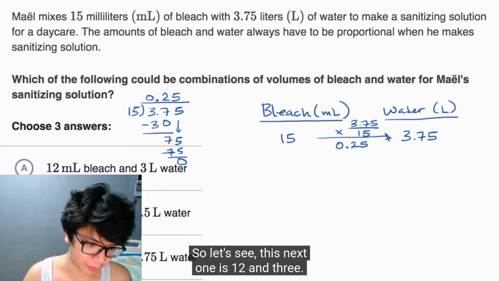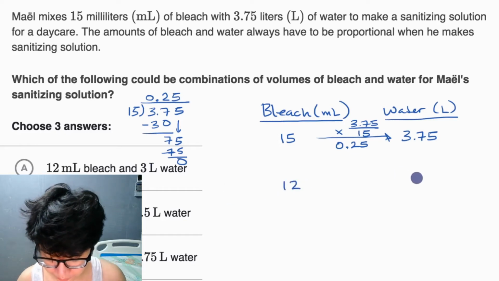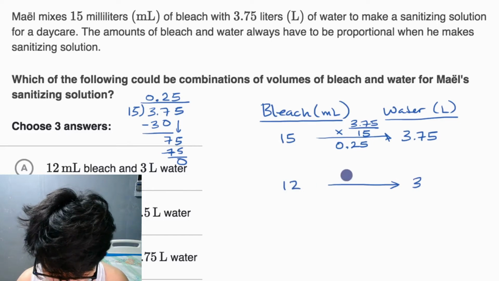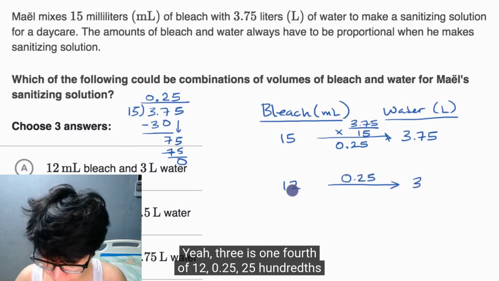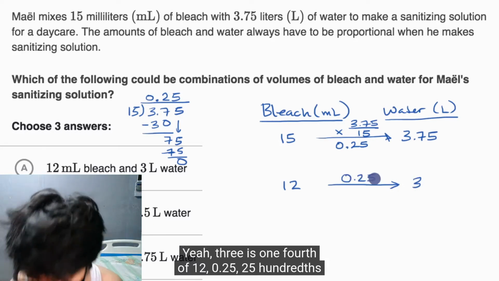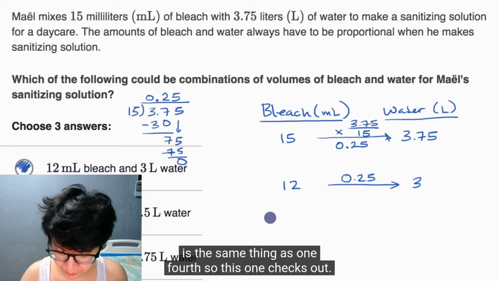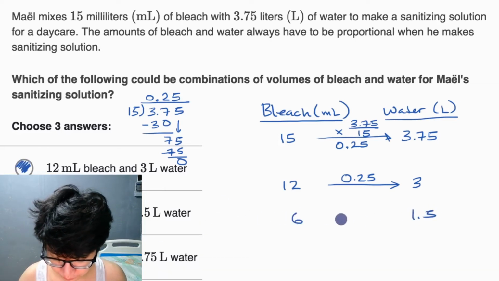The first one, A, works. This next one, B, is 12 and 3. If we multiply 12 by 0.25, do we get 3? Yeah, 3 is 1/4 of 12. 0.25 is the same thing as 1/4. So this one checks out. What about going from 6 to 1.5?